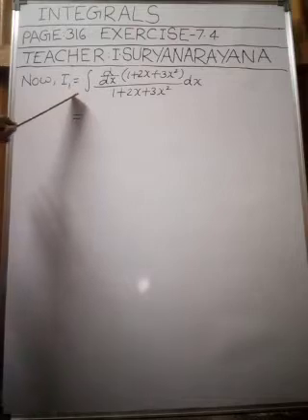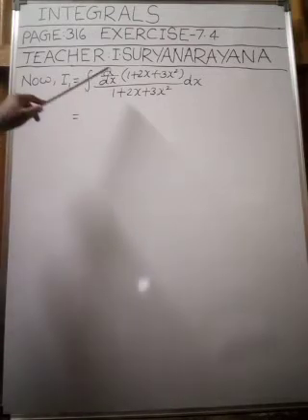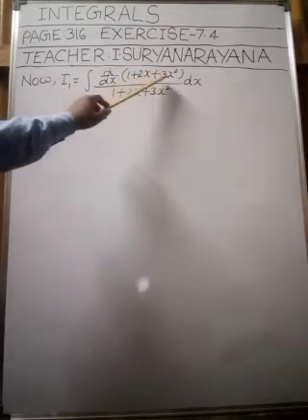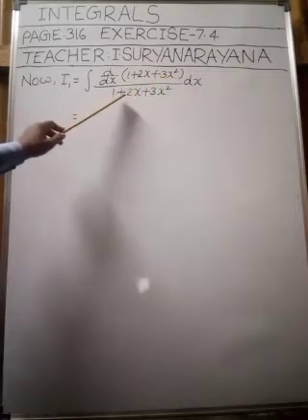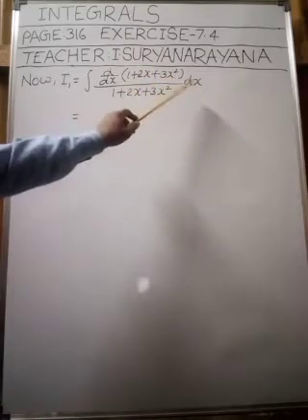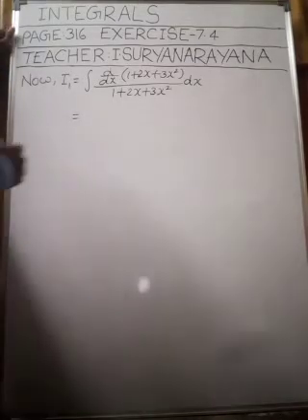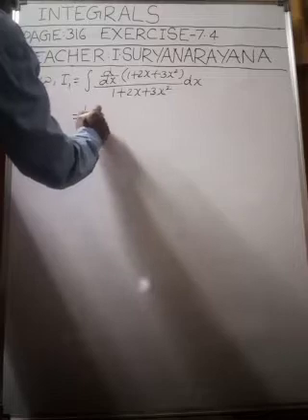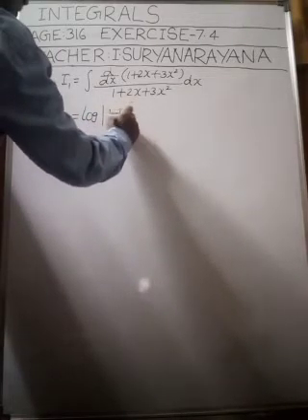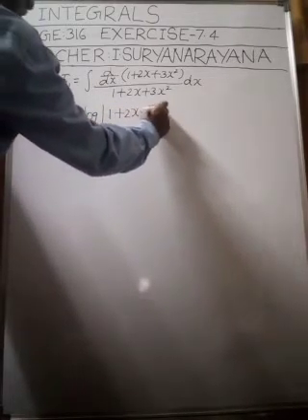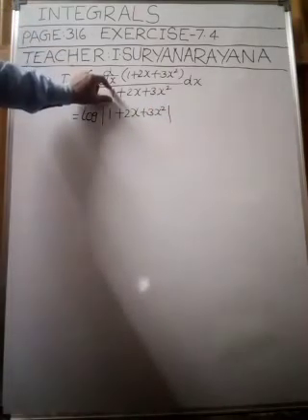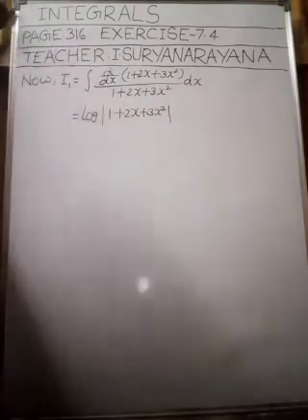What is I1 here? We assumed I1 is equal to the integral of d by dx of (1 plus 2x plus 3x square) whole divided by (1 plus 2x plus 3x square) dx. Okay, my children. Now there is a formula. Integral f dash of x by f of x is equal to log mod f of x. So log mod 1 plus 2x plus 3x square. If you assume that this is f of x, its derivative is in the numerator, then log mod this function.